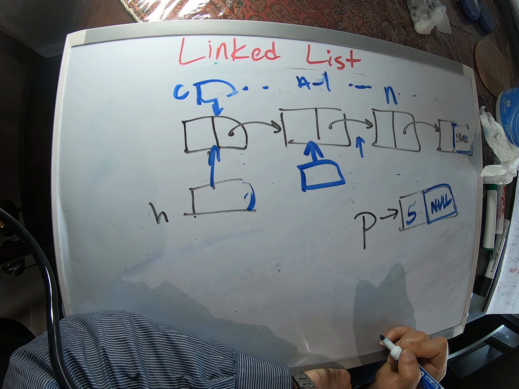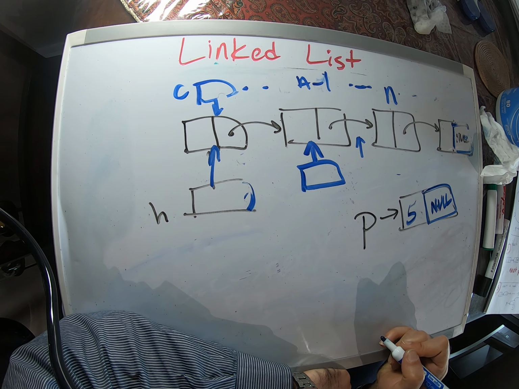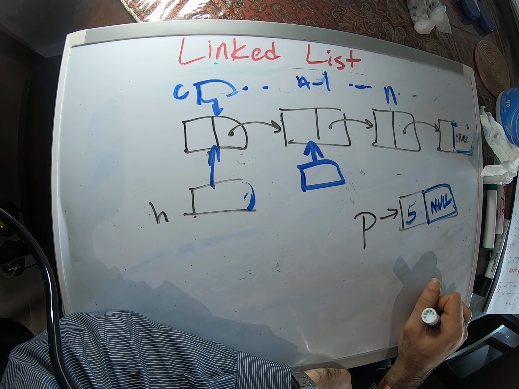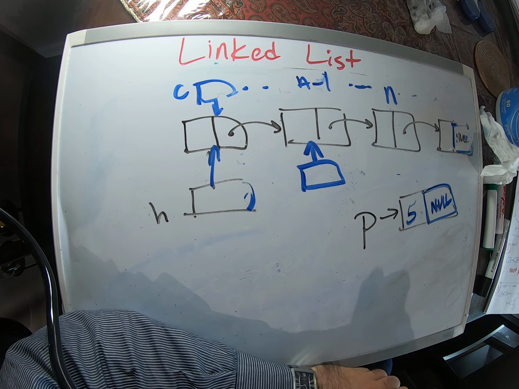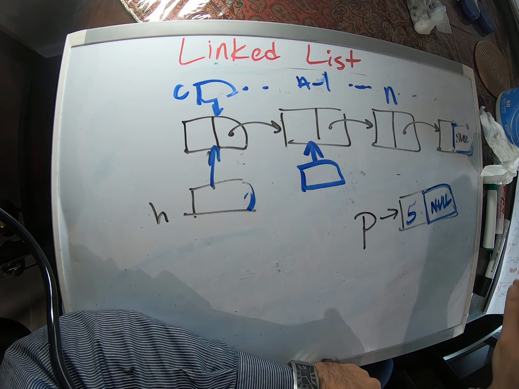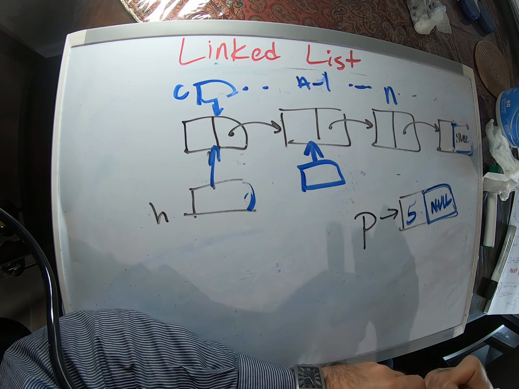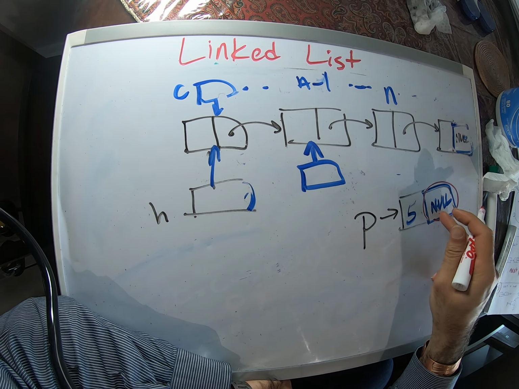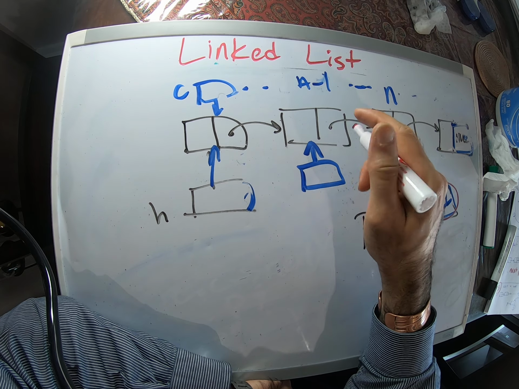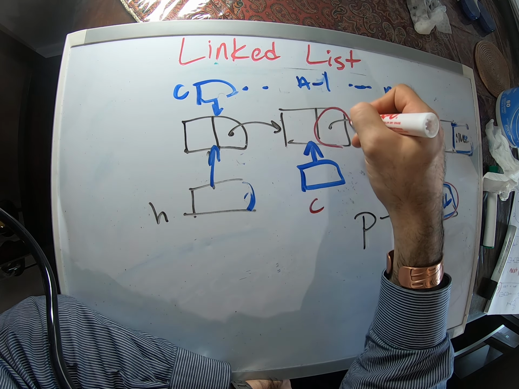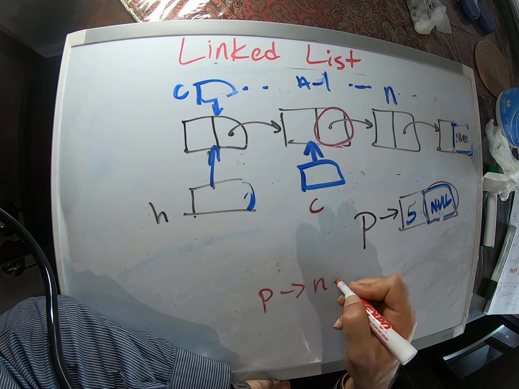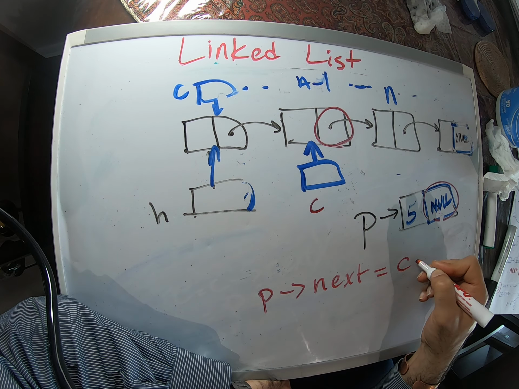Once it stops here, it's easy. First, if this is c, make p arrow next equal to c arrow next.